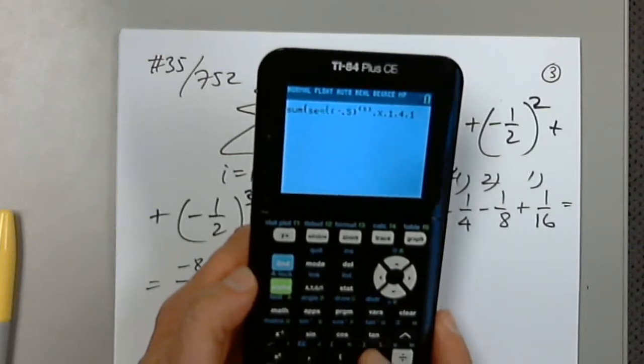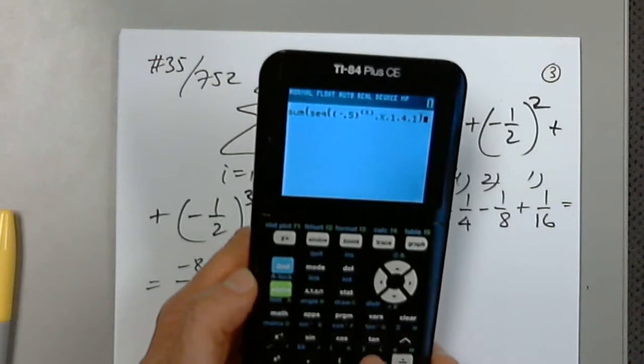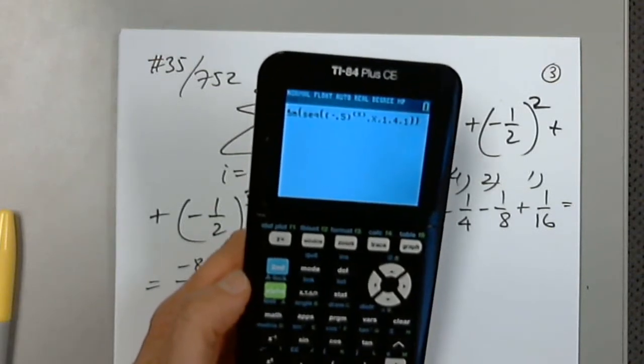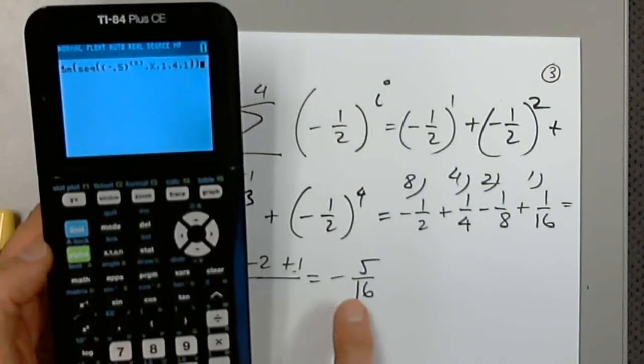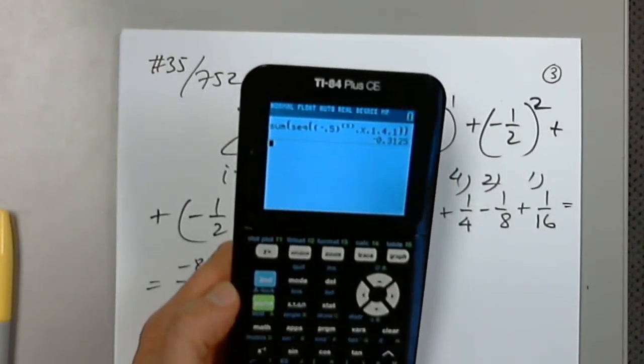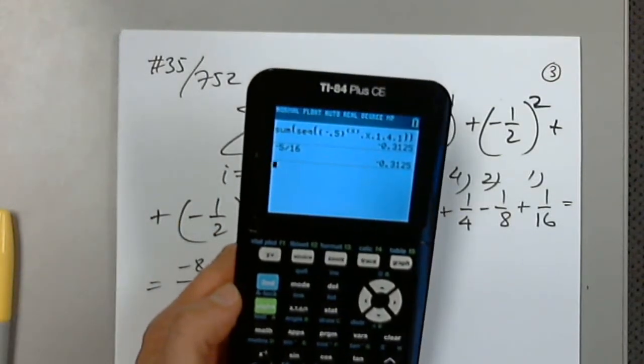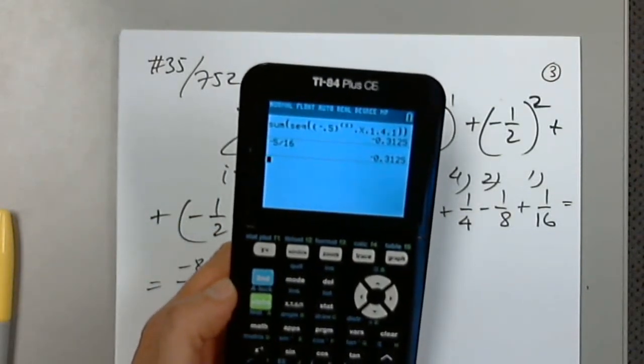So then I click a parenthesis for the sequence and a parenthesis for the sum. And when I click enter, I should get this. Yes, because negative 5 divided by 16 is that number. There is no question that that's correct.